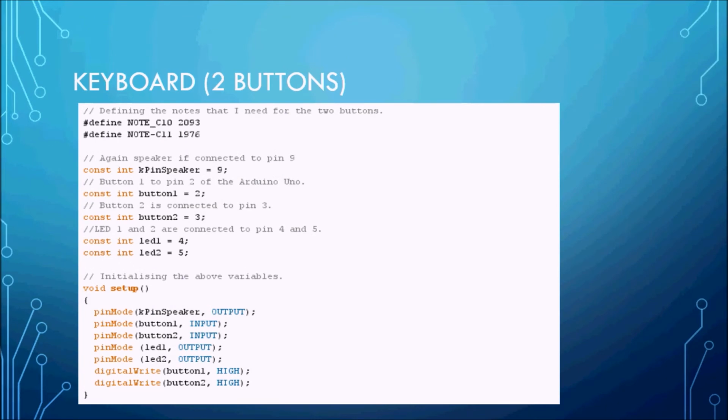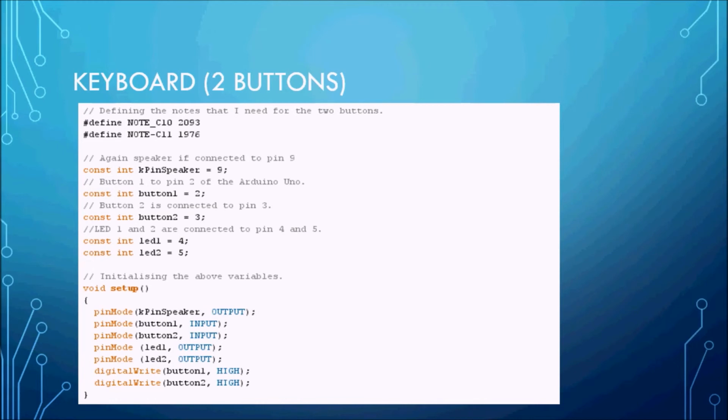And in this video, we will be working on creating a keyboard. This keyboard will have 2 buttons, 2 LEDs, and a speaker. Now I have declared variable for each of them.